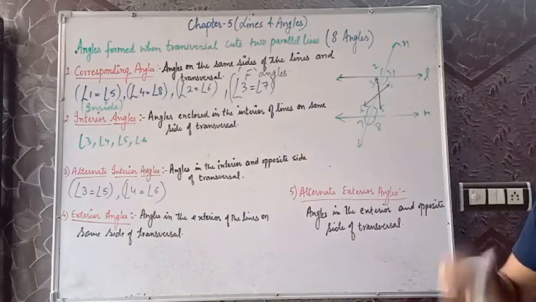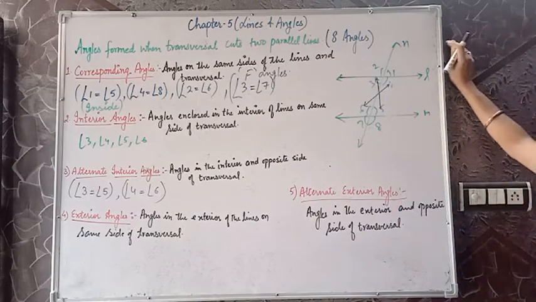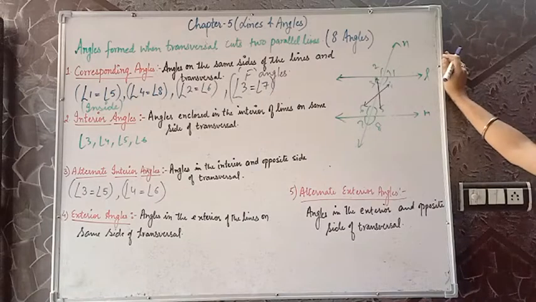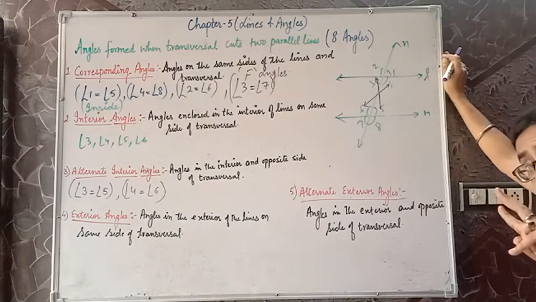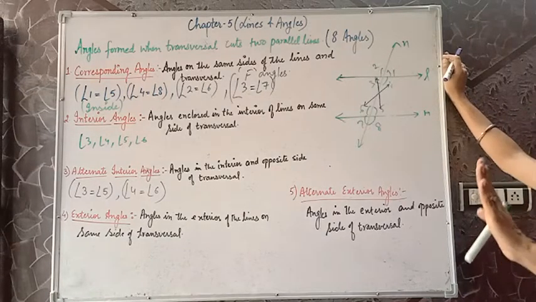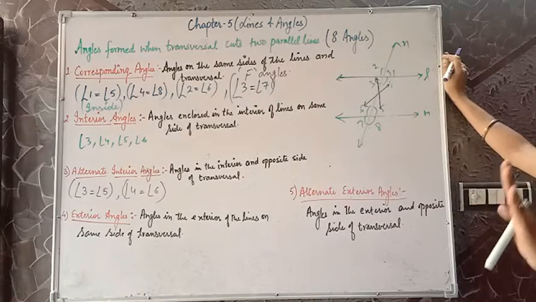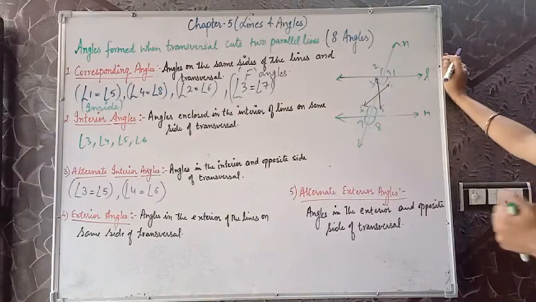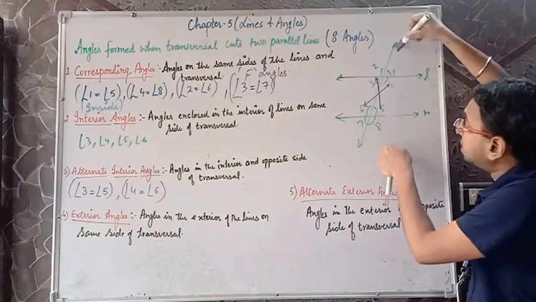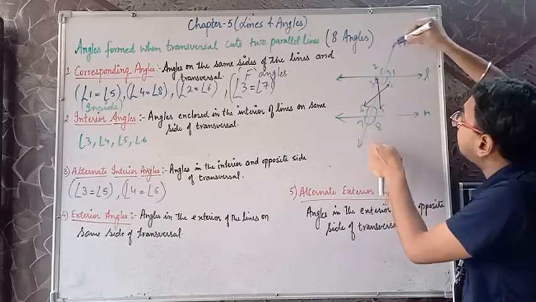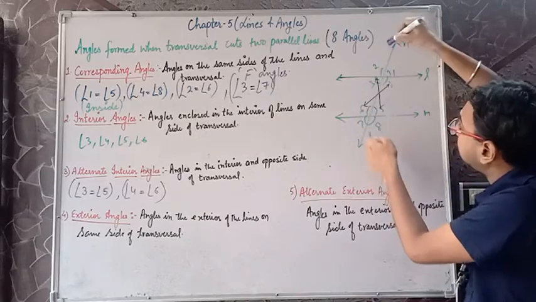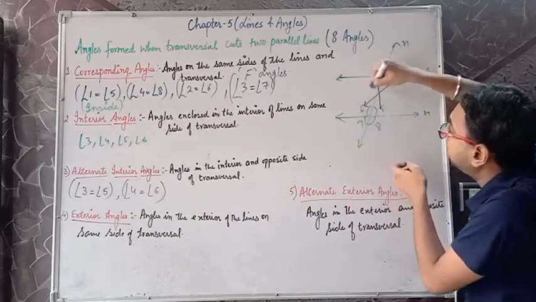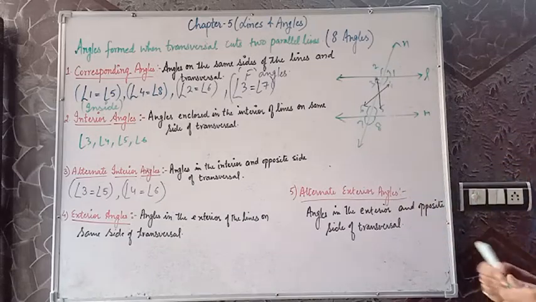Now, I was telling you why 3 and 6 will not be equal. There is one important property of parallel lines: the interior angles on the same side of the transversal are supplementary to each other. Again, the interior angles on the same side of the transversal form supplementary angles.